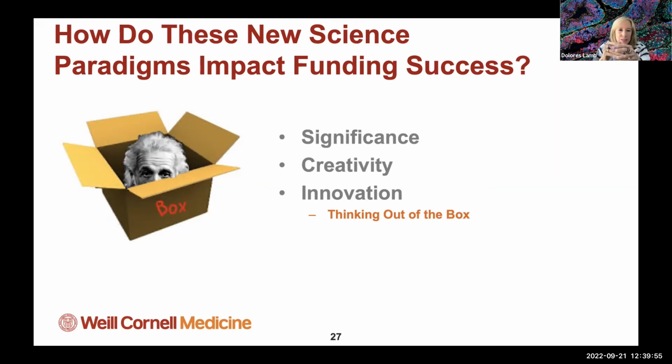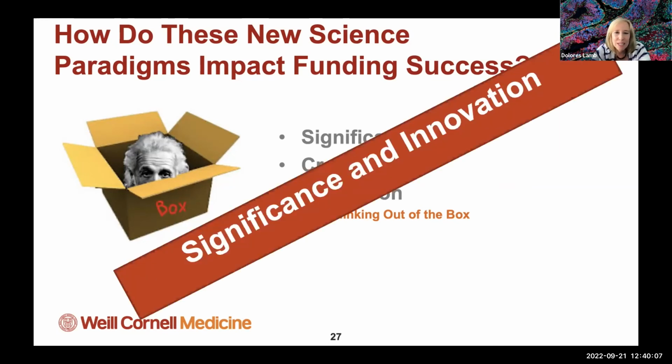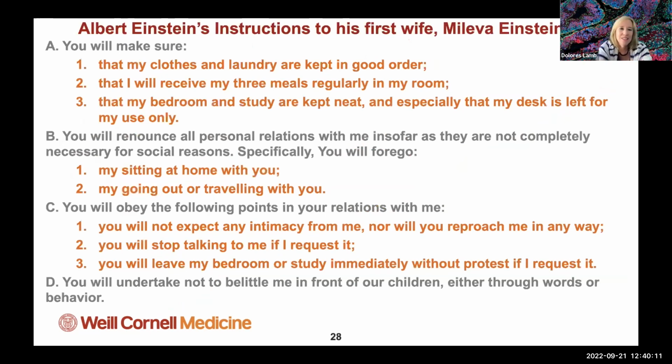And I always think about Einstein as being such an incredibly smart man and kind of the epitome of significance, creativity, and innovation. And I just thought I would show you an interesting quote from Einstein, and it's easy reading here.